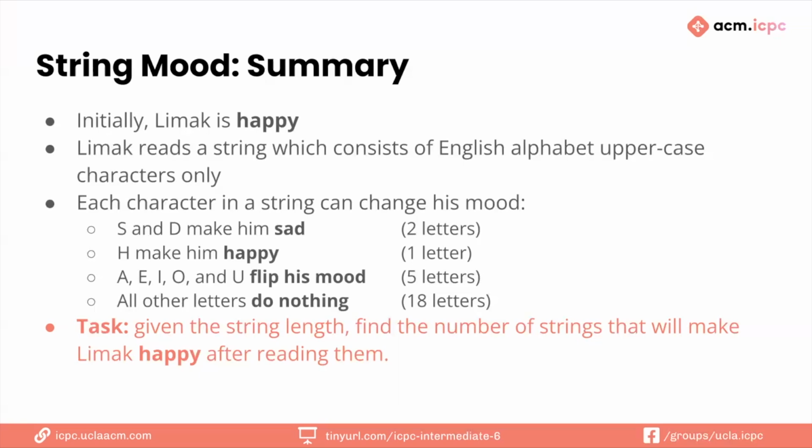The task of the problem is, given the string length, we need to find the number of such strings of that length that will make Limak happy after reading them. Does anyone have any questions about the task, the problem statement?